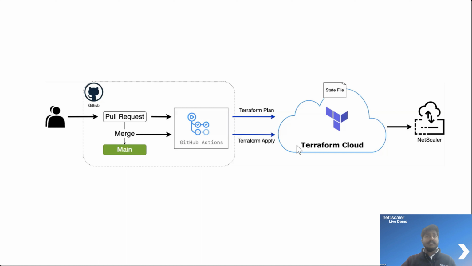This is the advantage of using Terraform Cloud. One of the advantages is managing the state file inside Terraform Cloud, and also, for Terraform Cloud to authenticate to the NetScaler, we have configured all the credentials inside Terraform Cloud, so that during the Terraform apply, those credentials will be used to configure the NetScaler.